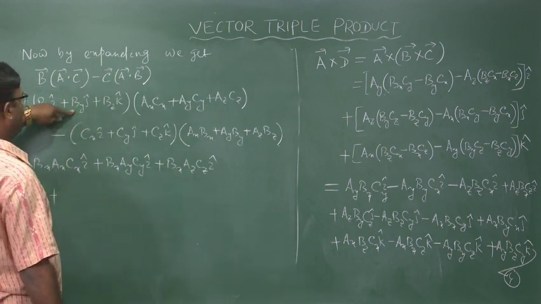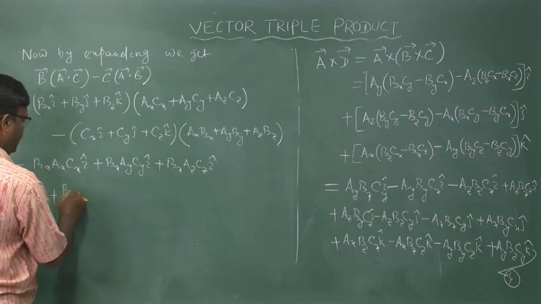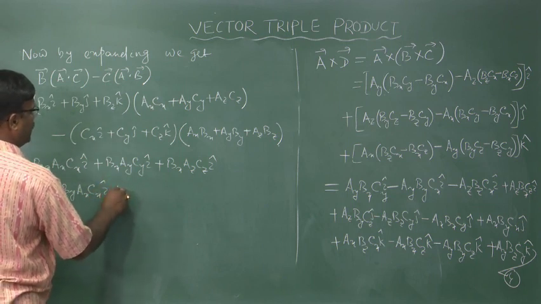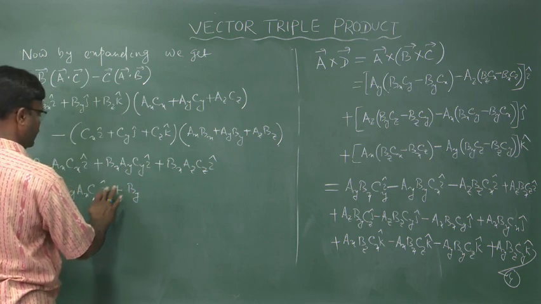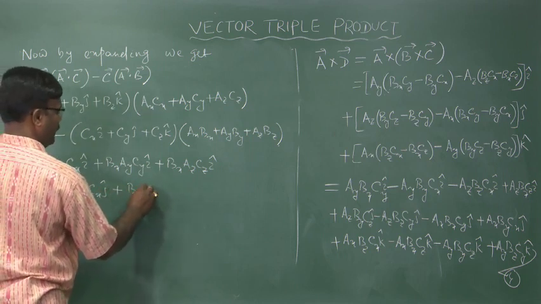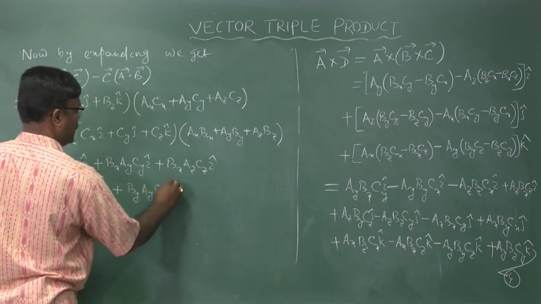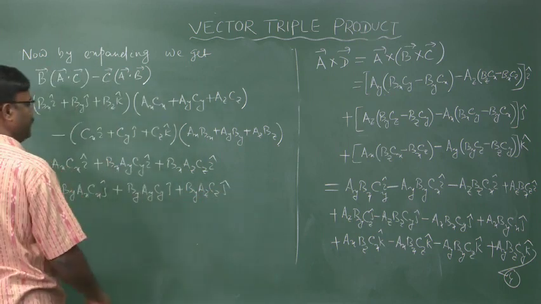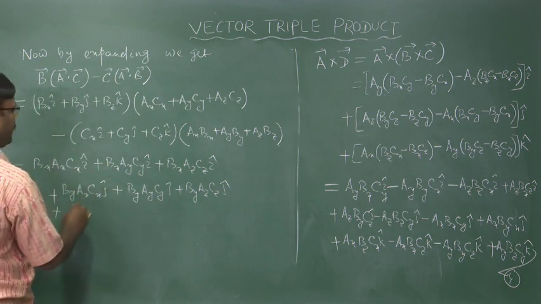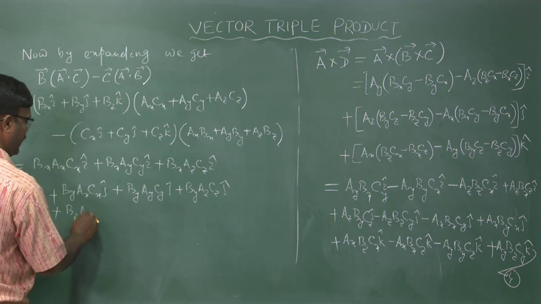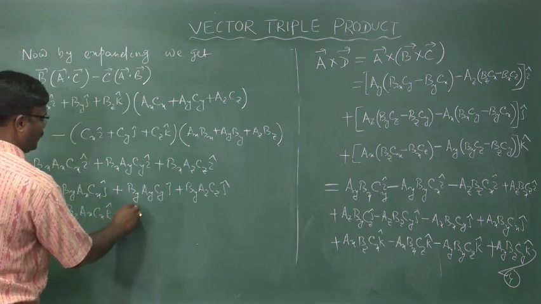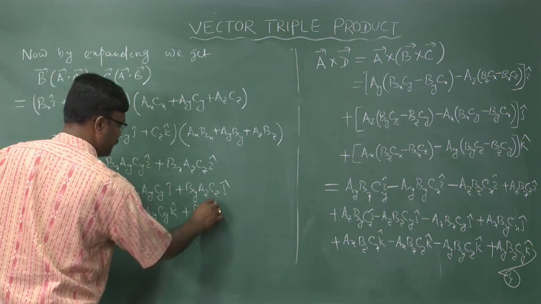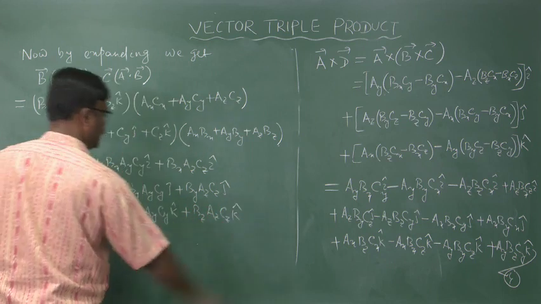Now let us multiply this term by Ax Cx, sorry it is j cap, plus By Ay Cy j cap plus By Az Cz j cap plus Bz Ax Cx k cap plus Bz Ay Cy k cap plus Bz Az Cz into k cap.